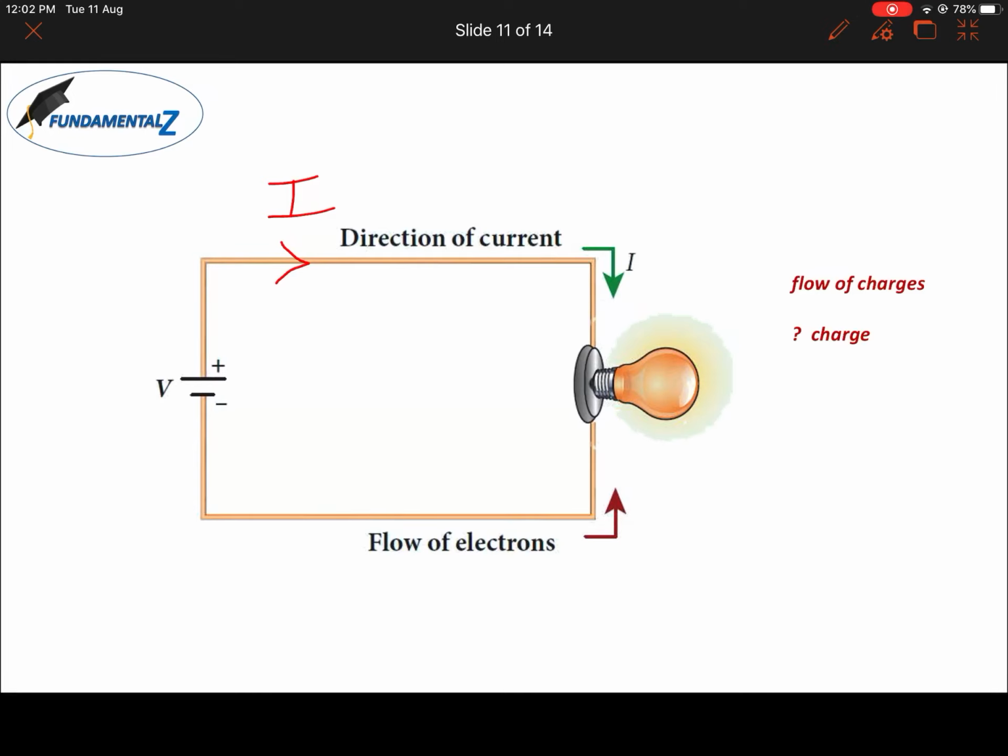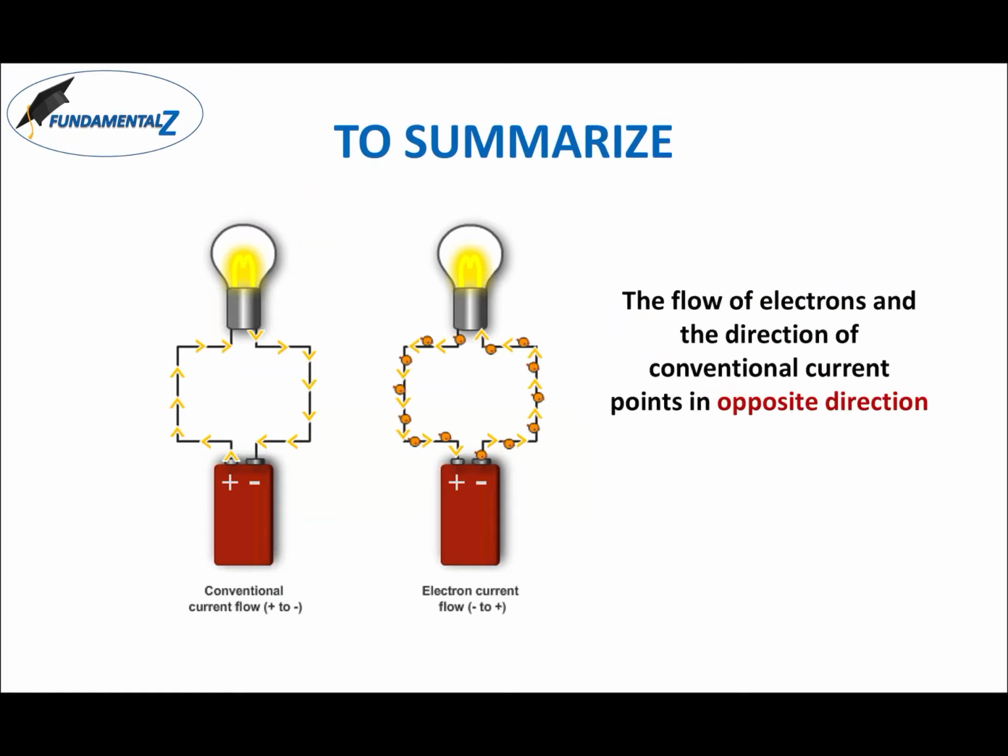So this is the generalized scenario. Conventional current flows from the positive to the negative end of the battery, and the electrons flow from the negative end of the battery to the positive end in the opposite direction. They both are opposite to each other. This is a generalized bulb, and we are giving it an external battery to make it operate, to help us understand how current and electrons flow.